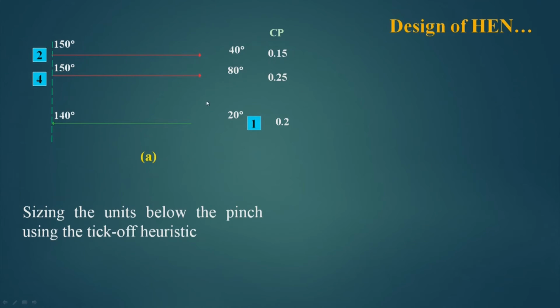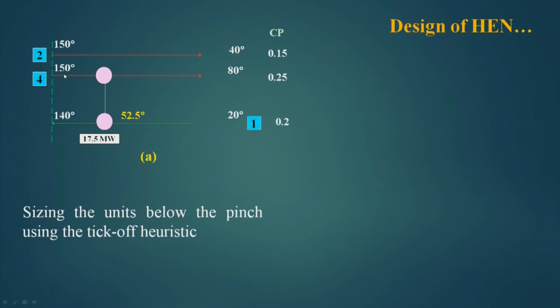Now, this is the cold end scenario, the grid diagram. So, we can put a heat exchanger between these two and its value will be 7.5. How? Now, if you see here 150 to 80, this is 17.5.